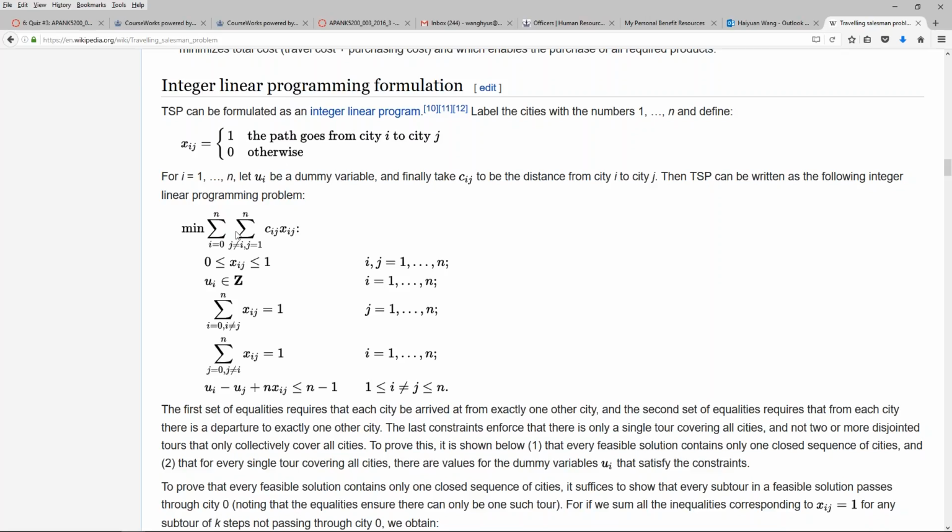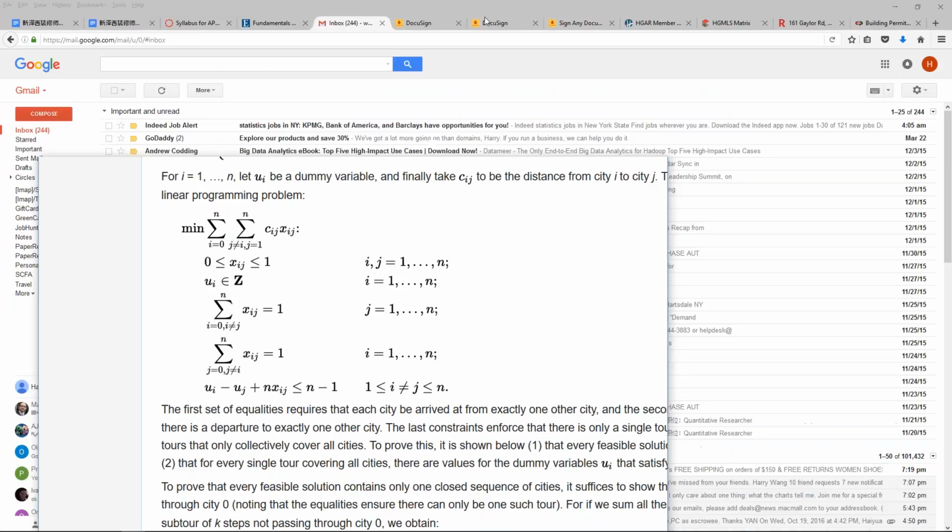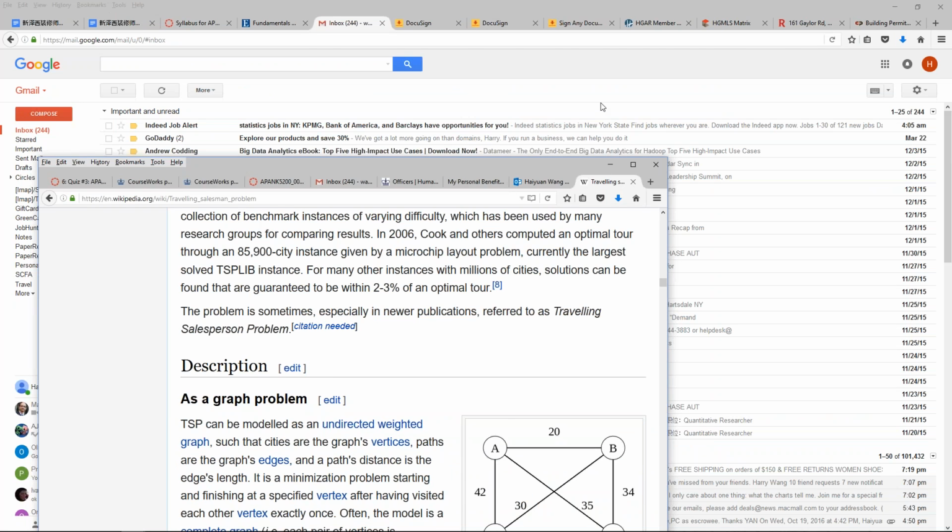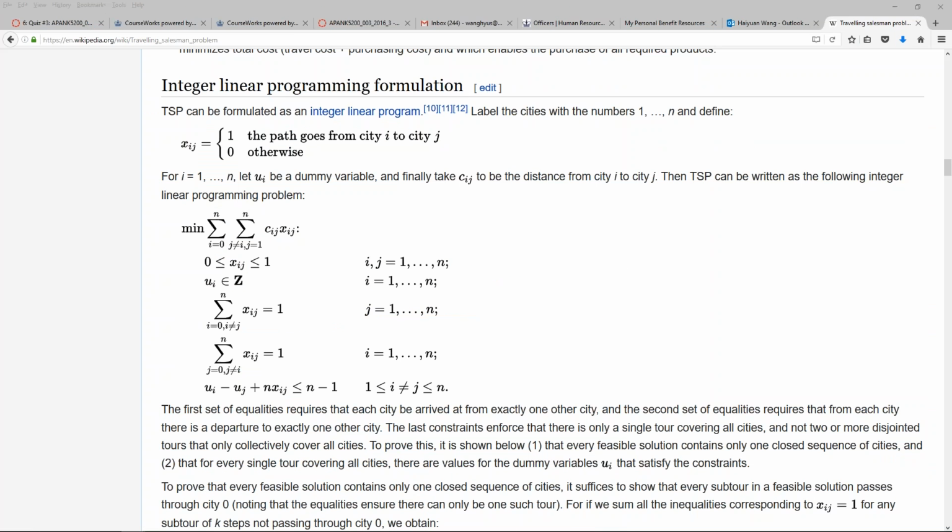The next one says, coming from i equals 0, going to some other j, which is not i itself, the sum of them equals 1, meaning that you can only go out from i equals 0 to one other location, right? Same thing, because this i equals 0 is generic, right?